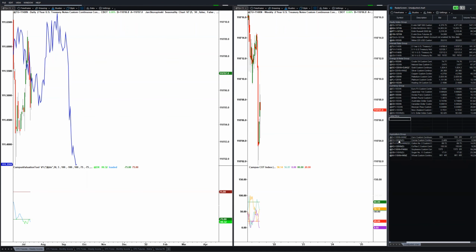Is it clear now how we are going to plot the unadjusted chart for everyone?